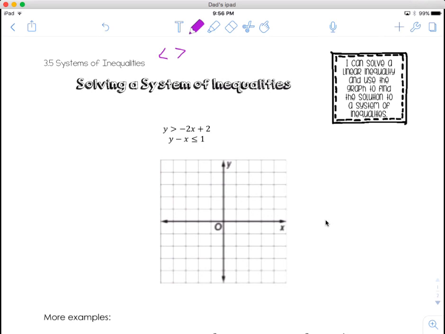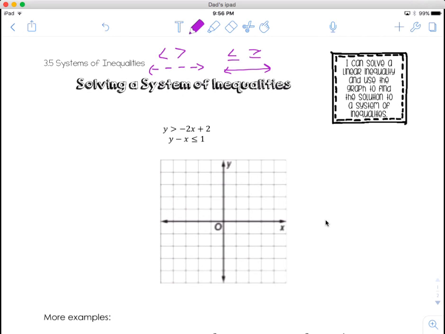Well, when we're graphing them on the coordinate plane, instead of an open dot, we want to use a dotted line. And if it's less than or equal to, greater than or equal to, we want to use a solid line. So that would be the same thing as using a closed dot if it were just a number line.